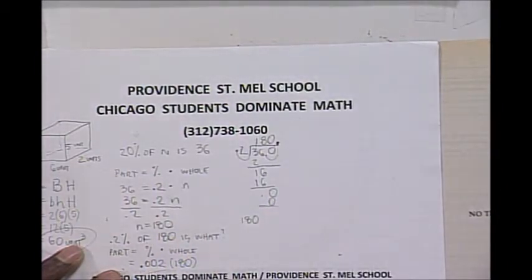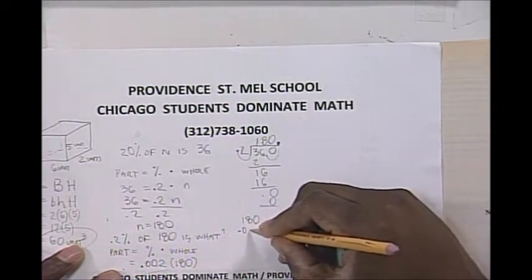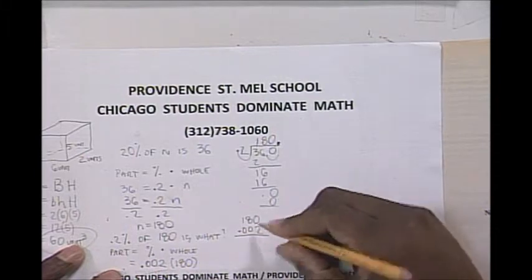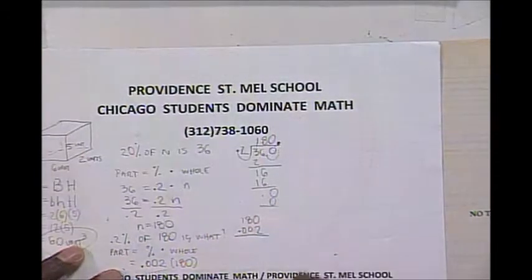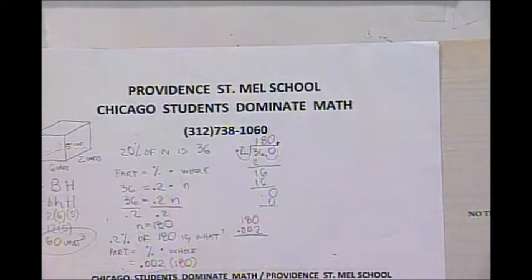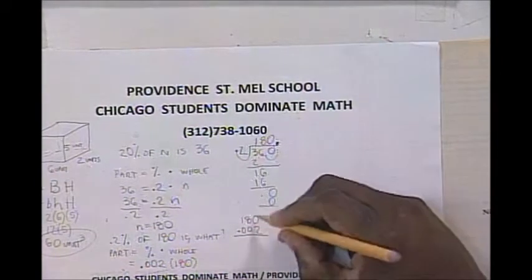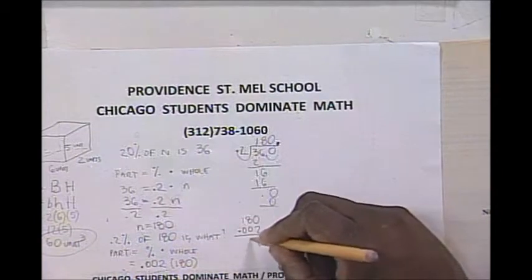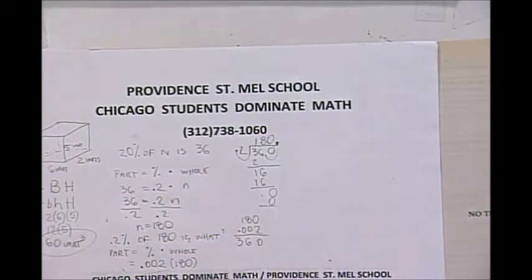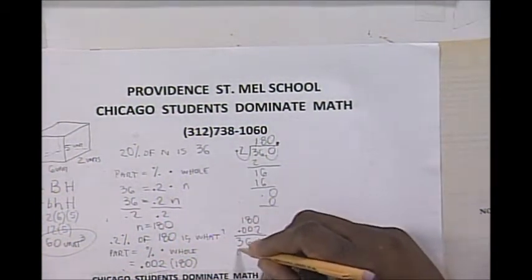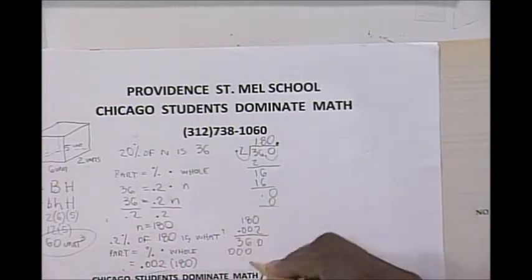So we get 180 times 0.002. Notice how when you're multiplying, you don't need to line your decimals up. The decimal for 180 is here, but you don't need to line the decimals up here. So you just multiply normally. 0, 16 carry the 1, you get a 3. 0, 0, 0 when you multiply zeros.